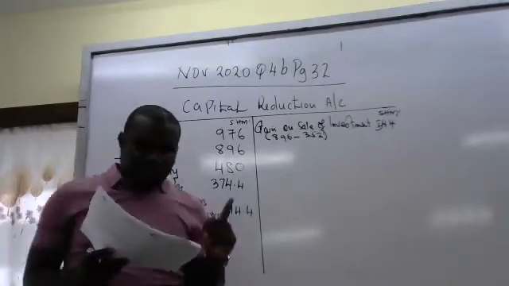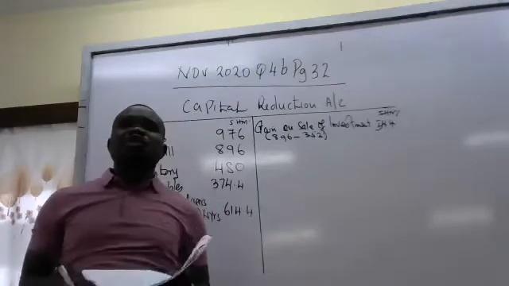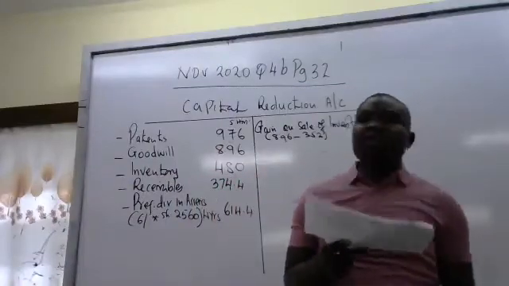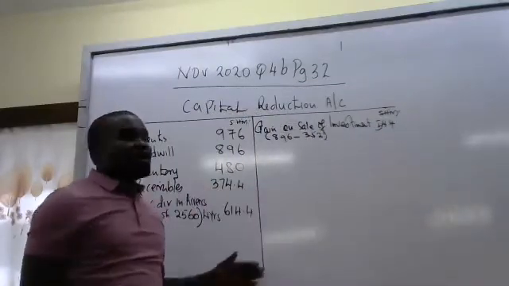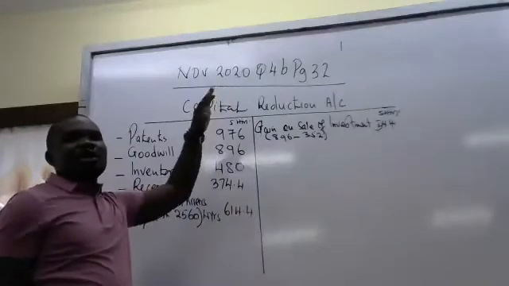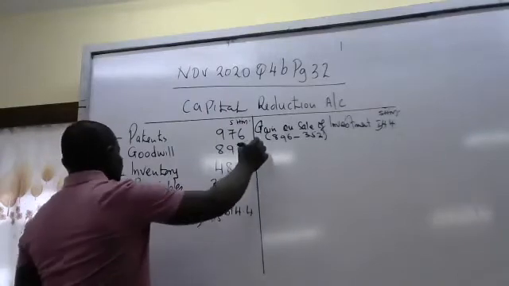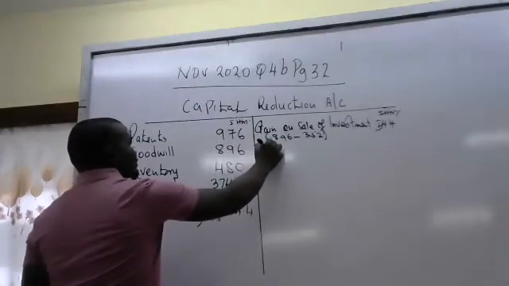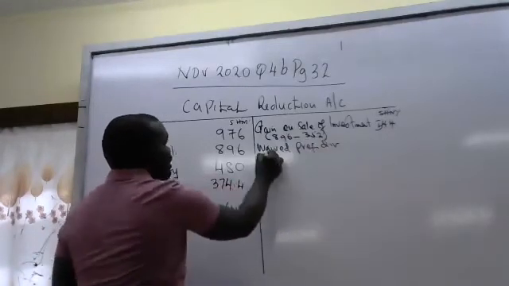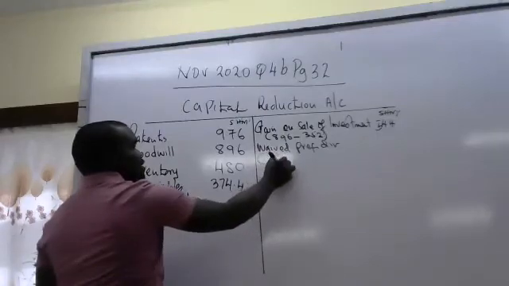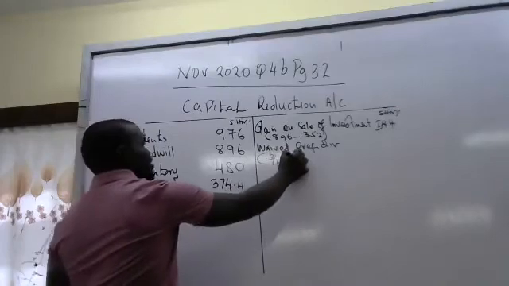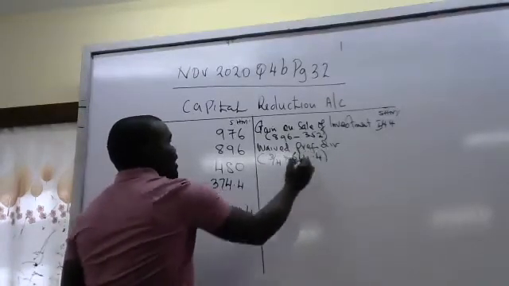Then they have said they waived. They waived what fraction? 3/4. So when they waive, you reduce that amount by crediting the capital reduction. Waiver is an income on your side. They waived 3/4 of what was outstanding, that is 3/4 of 614.4.